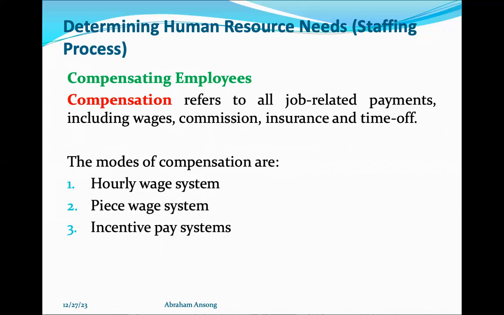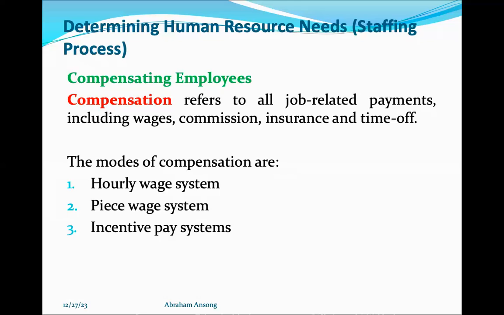After you've employed a person, selected, placed, oriented, and trained the person, all of that boils down to the money. They must also be compensated well. So it could be wages, commission, insurance, or time off.